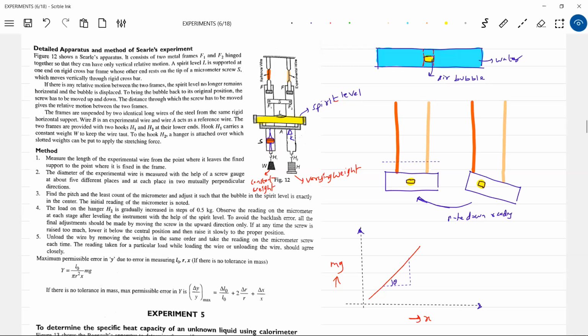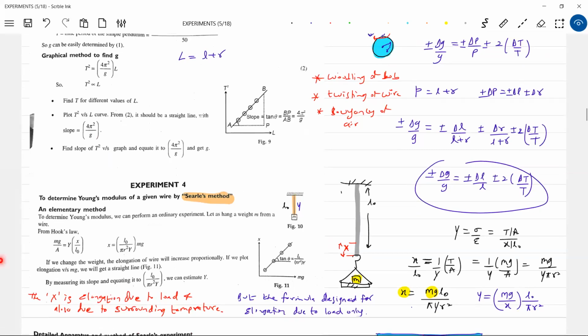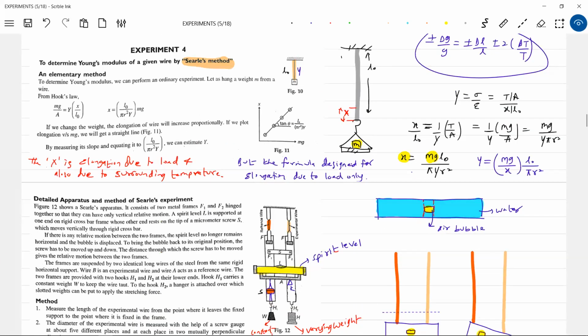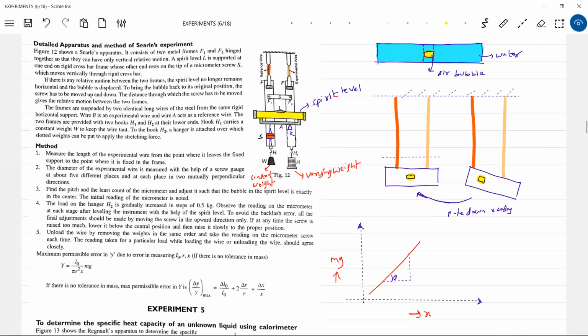Now you can ask questions, sir. What was wrong with the first method? Why did you do this? Due to temperature fluctuations, if this rod elongates, even this will also elongate, no? And all the readings we note down will be only due to the suspended, added load. Are you getting the trick here?